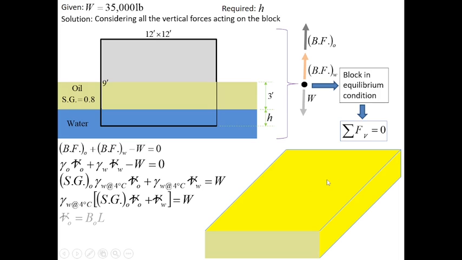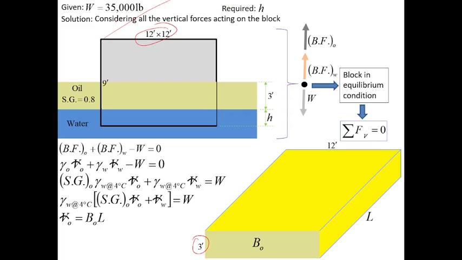Ito siya. So, ang volume niyan ay area of the base, BO, okay, multiply by L, the length. And alam natin, ito ay 3 feet. So, 3 feet. Ito ay 12 feet. Kasi 12 feet by 12 feet.